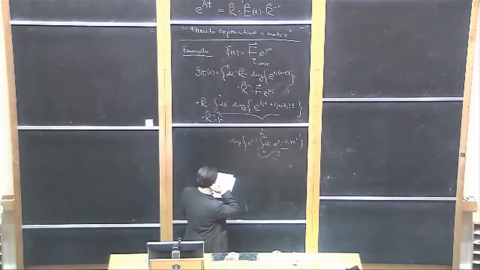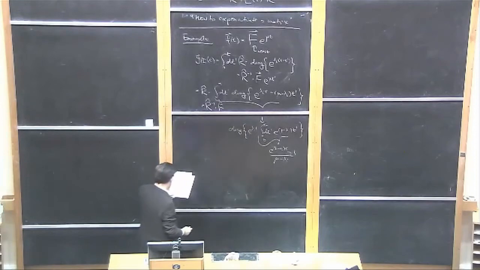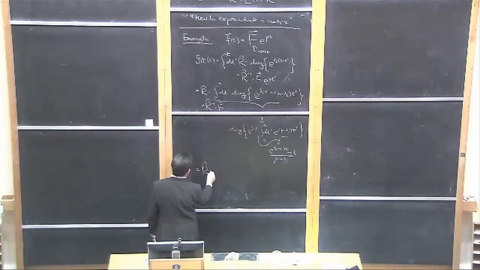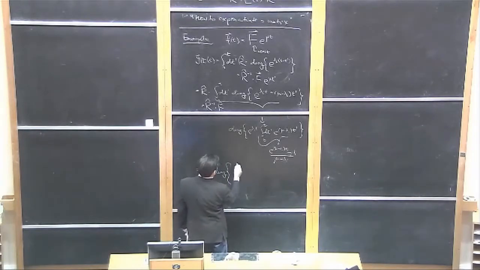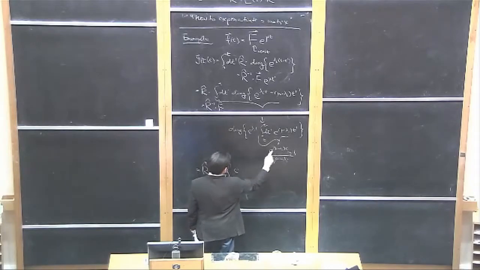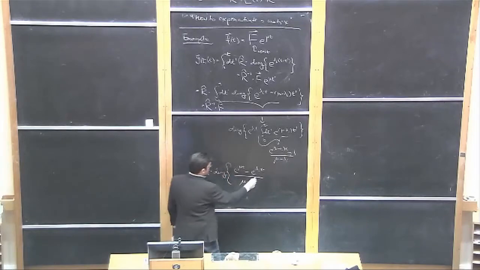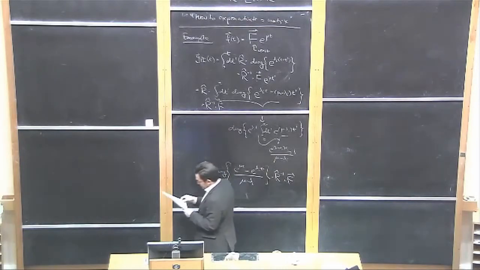So this is just e to the (mu minus lambda I) t minus 1, divided by mu minus lambda I. And so stacking it all back together is r dot, and then on the diagonal, what do we have? e to the lambda I t times this gives me e to the mu t minus e to the lambda I t, divided by mu minus lambda I, and then dot r minus 1 dot f. So that's the particular solution.